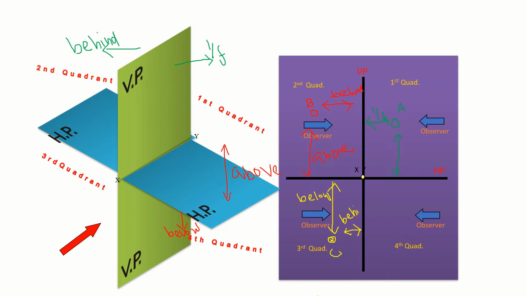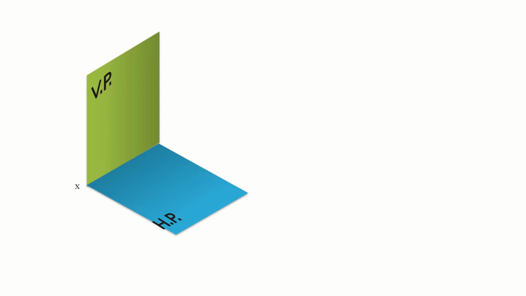So now we will see one by one. This is the first quadrant. If our object is in the first quadrant, it is above HP and in front of VP. Here is a point A, which is 20 mm above HP and 30 mm in front of VP.